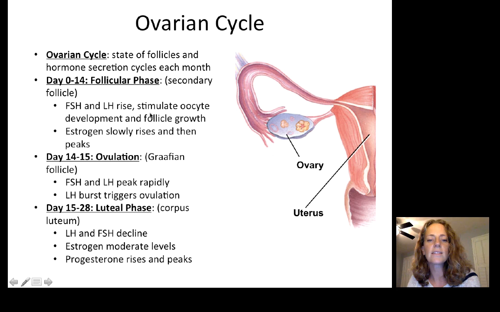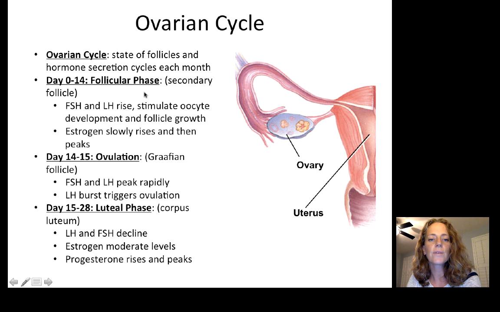So the follicle itself is producing this estrogen. As the follicle gets more and more mature, the estrogen will slowly rise and then peak. That peak in estrogen triggers a surge in LH, FSH happens to follow, which is a burst that triggers ovulation. The oocyte will then leave the mature follicle and travel through the reproductive tract. The corpus luteum will stay behind and start the luteal phase.